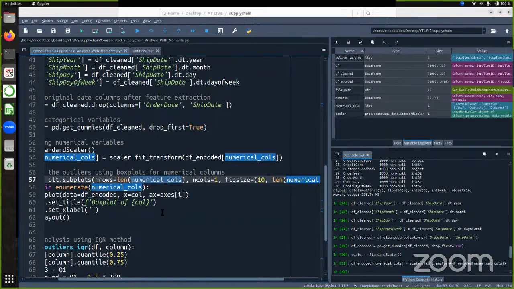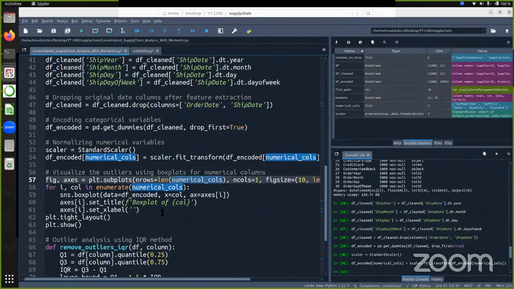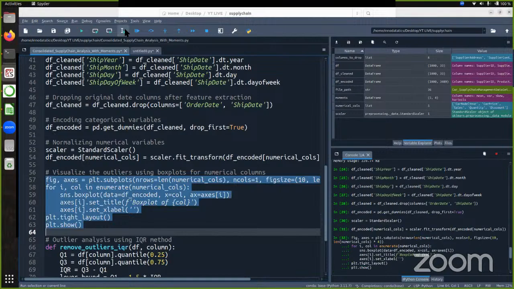So we will do the subplots. We will take the number of rows. Okay. And then we will create a box plot using our Seaborn library. So Seaborn is an advanced visualization library, which we can use in our creation of box plots. So let's create these box plots.